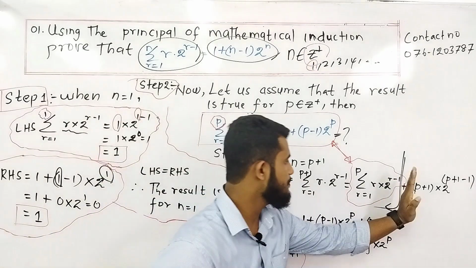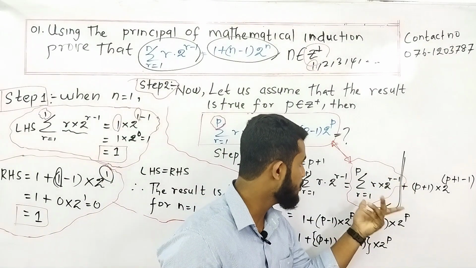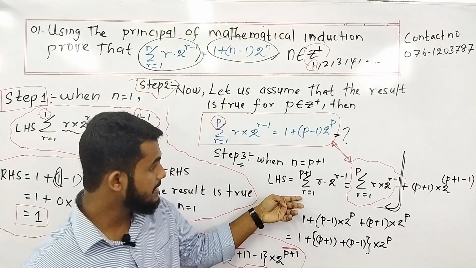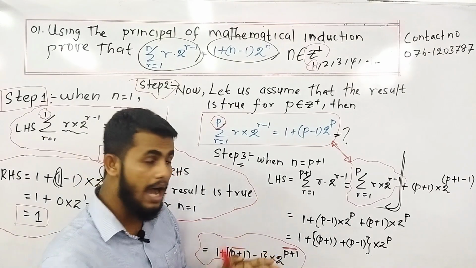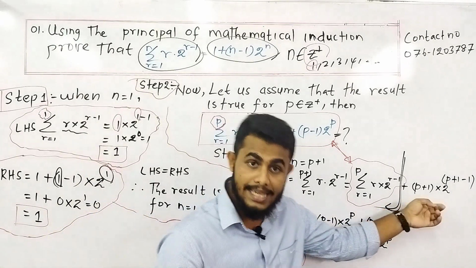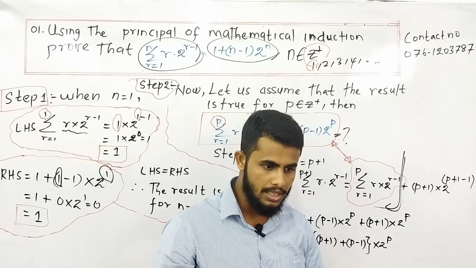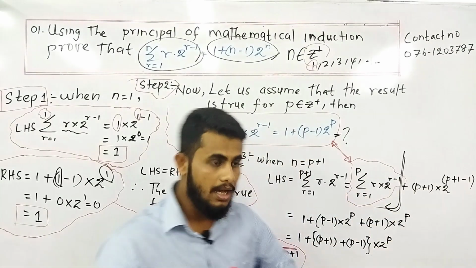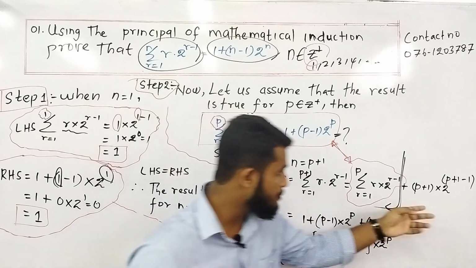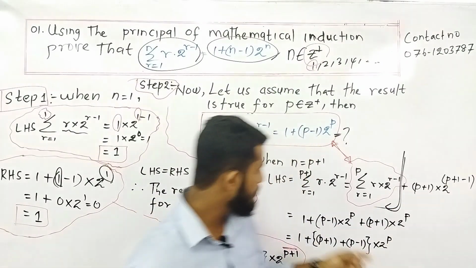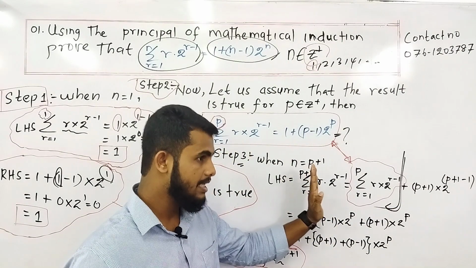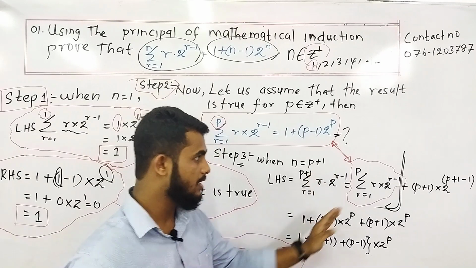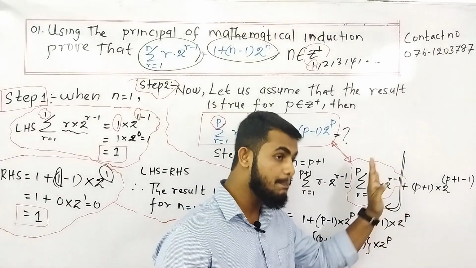Why? Because this summation is calculated up to p plus 1, so inside the summation, instead of the general term, I can put p plus 1. Now I have made the summation up to p.